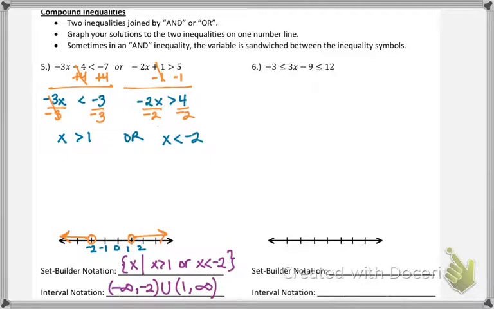So we're going to go ahead and add 9 to both sides, all three of them. And then we're going to divide by 3.